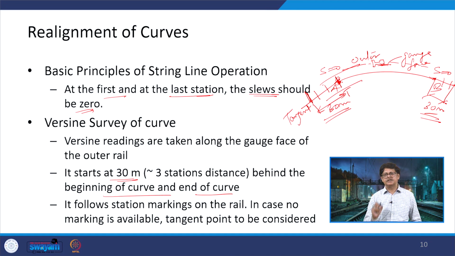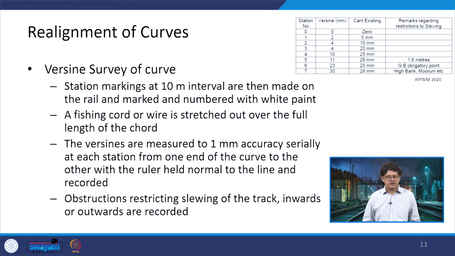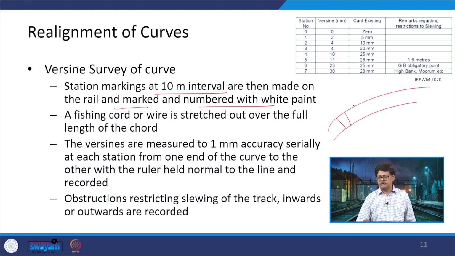Otherwise, usually the markings are done on the rails, on the tracks, so that you can identify the various locations. Station markings at 10-meter intervals are then made on the rail and marked and numbered with white paint. So, all those positions will be marked: 1, 2, 3, 4, 5, 6, 7, 8, whatever they are.